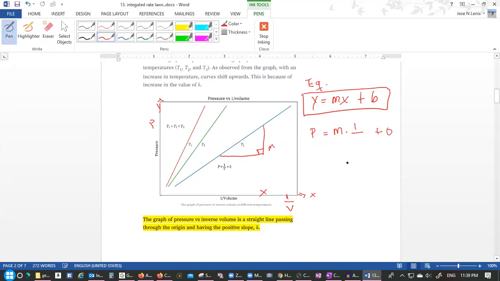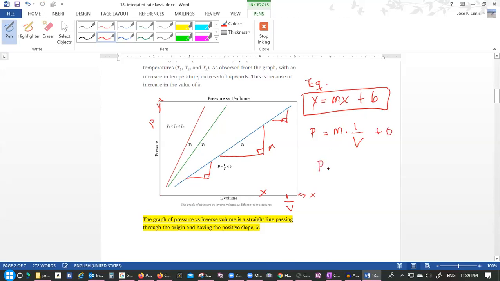Talking about this V, volume. And it happens that m, that slope, is constant for the line.